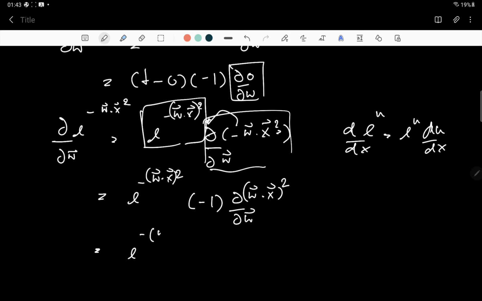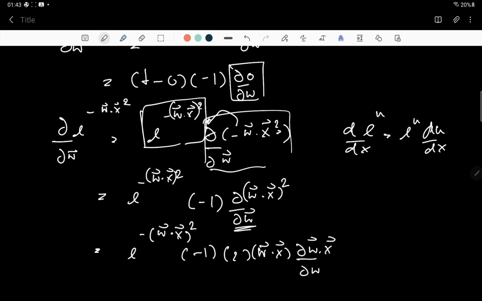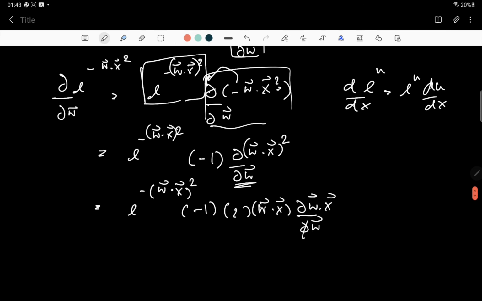So it will be minus 1 here. Okay, so this one will be 2 w dot x, and then times x.